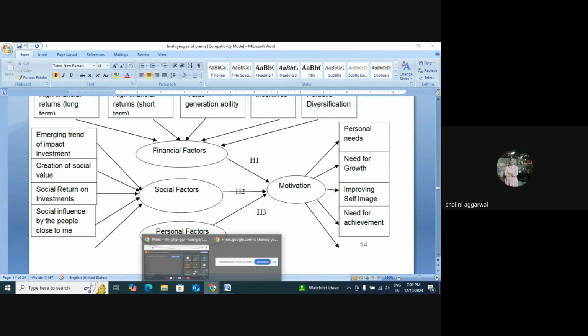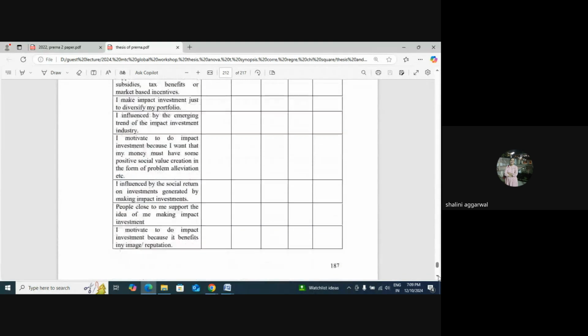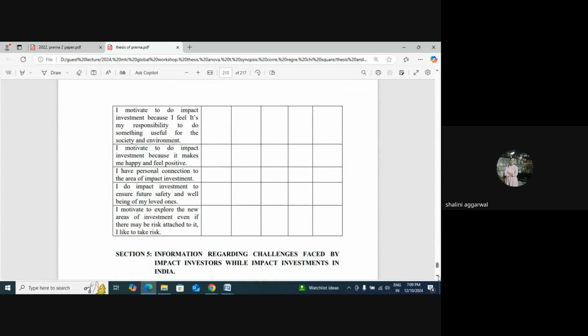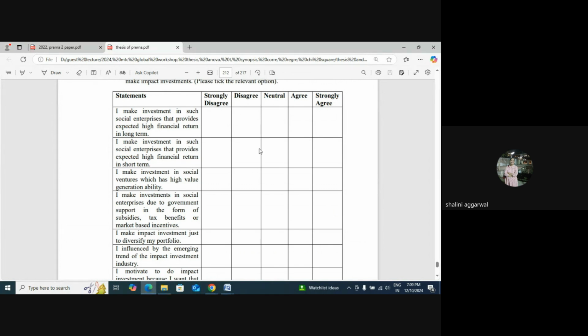So you can see from here, in this first part, we have to write the statements like this, on a 5-point scale: strongly disagree, disagree, neutral, agree, and strongly agree, right? So we have designed this questionnaire based on the first objective.